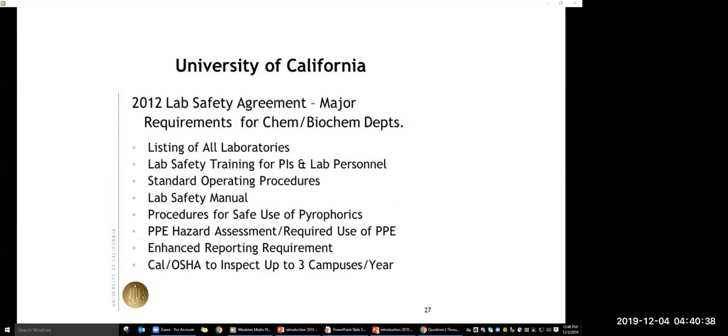The major requirements of the settlement agreement were a listing of all the labs, lab safety training for PIs and all lab personnel, development of SOPs, having a lab safety manual in the lab, developing safe use procedures for pyrophorics, conducting PPE hazard assessments, requiring the use of proper PPE, enhanced reporting of serious injuries, and Cal OSHA conducting up to 3 campus inspections per year during the length of the settlement agreement.